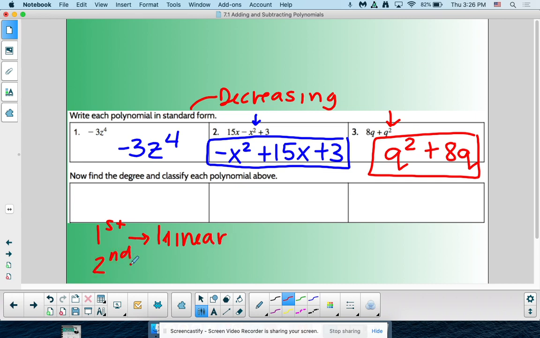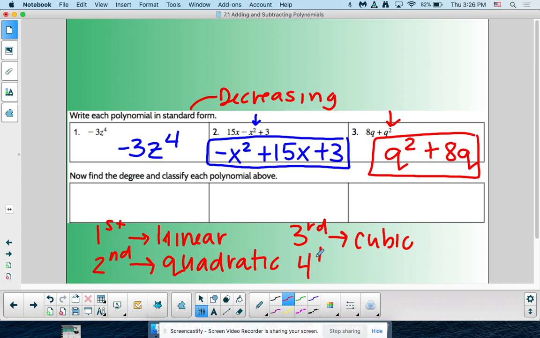Second power, it's quadratic. Third power is cubic. Fourth power is quartic. And anything after that, we won't worry about it. It would be quintic, but we don't need to worry about that. So please write those down so we have those as a reference.